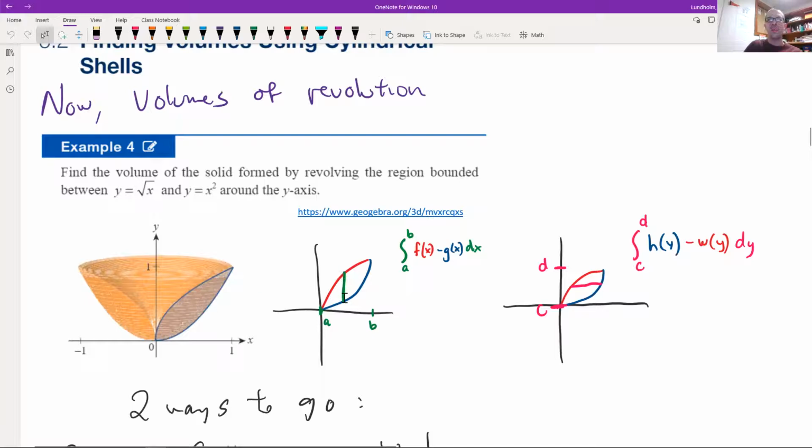And depending on which way we orient the tiny little rectangles that we would be using here, where on the first one, our little tiny thickness is in the x direction, and on the second one, our little tiny thickness is in the y direction, those are going to give us different shapes. Let's go to GeoGebra.